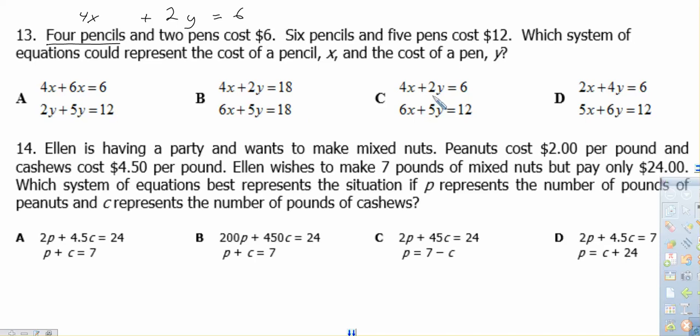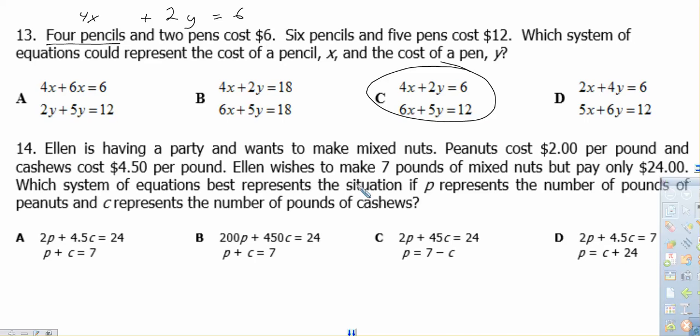Okay. Only one that is looking good so far is C. 6 pencils, 5 pens, $12. So yes, it is C. We had this happen with word problems with linear inequalities before, if you remember. The numbers that go with those variables just go as coefficients.